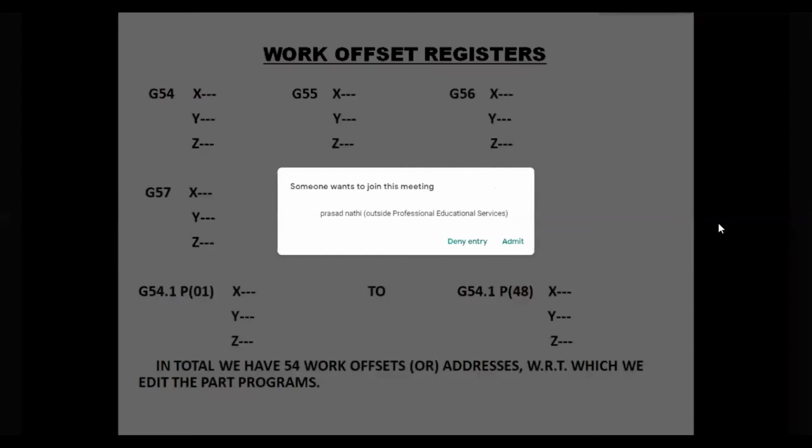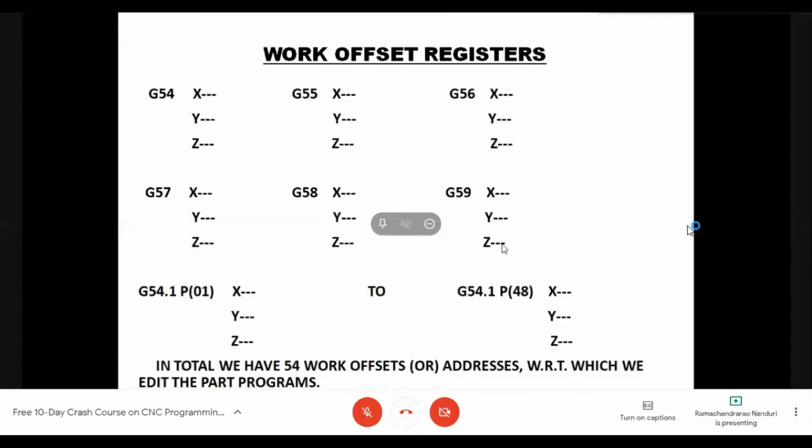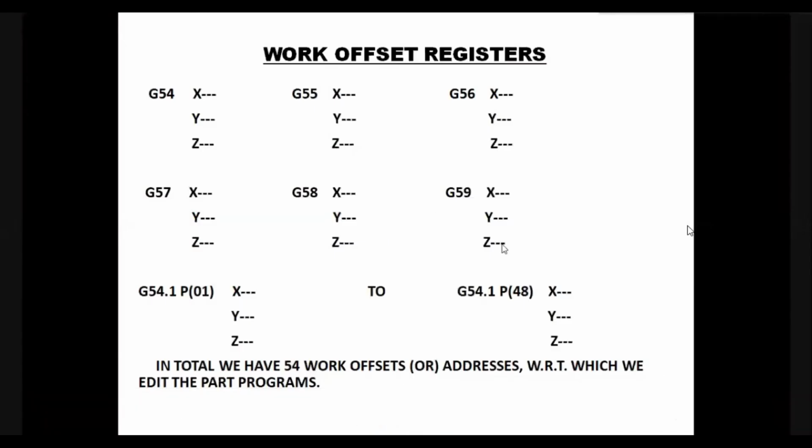That point is called the work origin, the workpiece origin. There will be another origin on the machine called the home position. That means you will have 3 axes in the machine, X, Y, and Z, and the point of intersection of the axes in the machine is nothing but the machine origin.